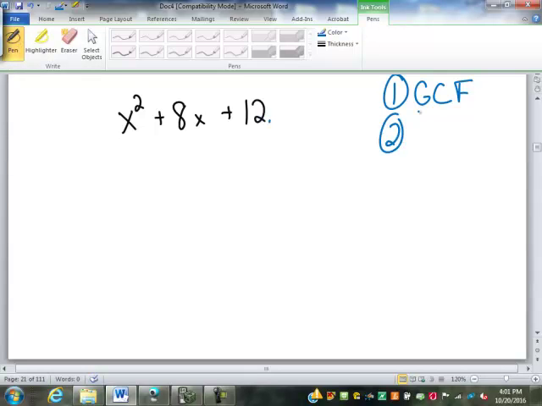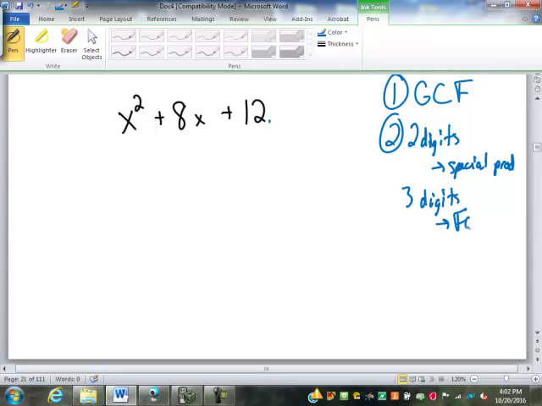Step 2 depends on how many digits there are. If there are 2 digits, we're going to do special products. We'll get to those later on. If there are 3 digits, we're going to do what we've been looking at.